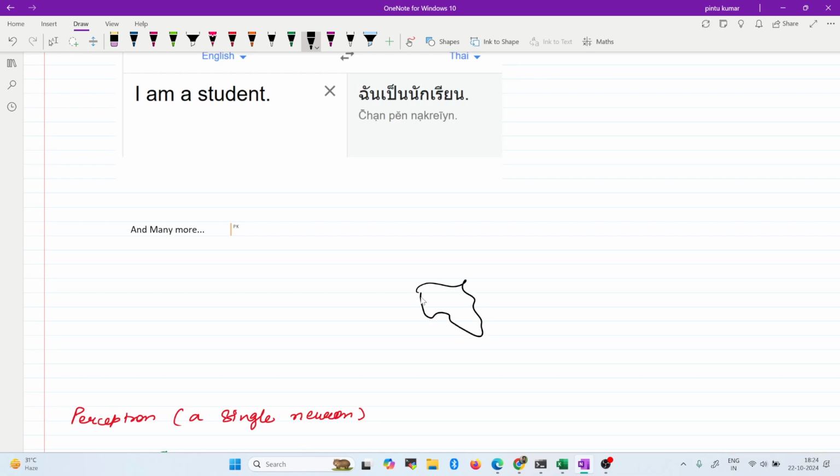Let's say this is a neuron. It will have many entries. It will do some computation on whatever entries it receives and pass on the message to the next neuron. There would be a very large network of neurons.